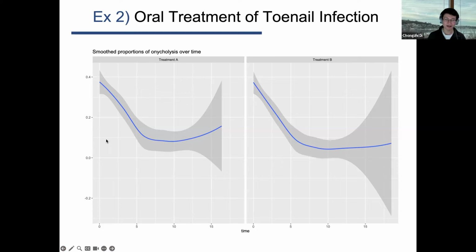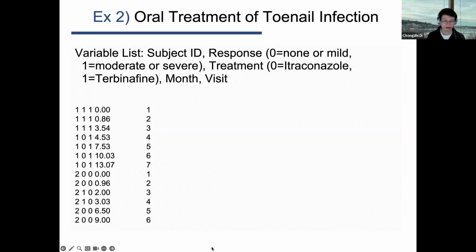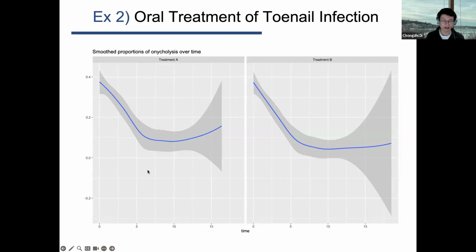Also, do you see any difference in the treatment effects? It's not very obvious, but you can probably tell that, let's say around the 5 month mark, on the left-hand side the probability is maybe around 0.15, but on the right it's closer to 0.1, maybe 0.112 or something.